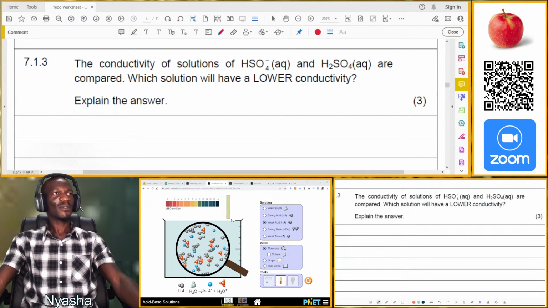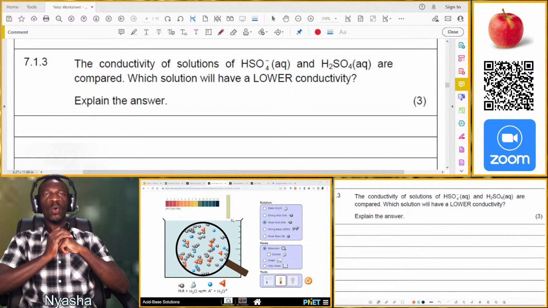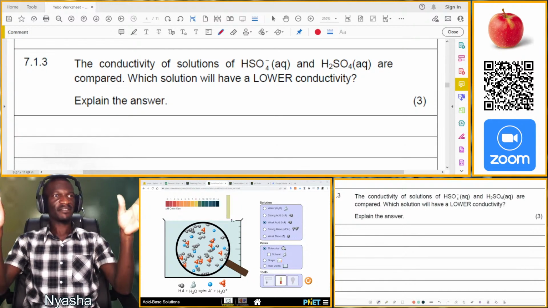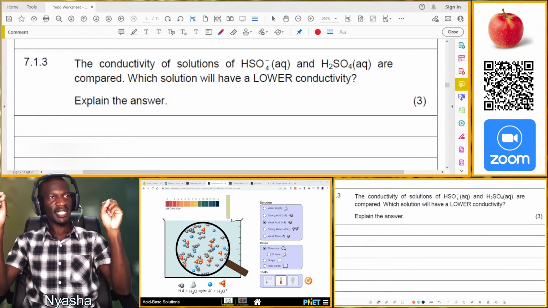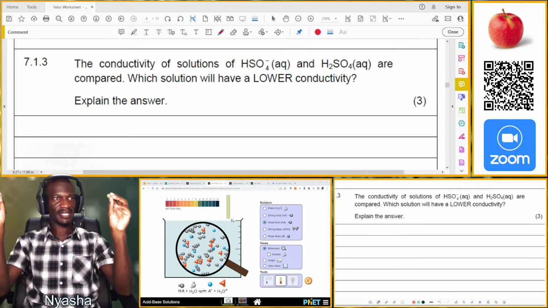Okay, so the question reads as follows. The conductivity of solutions of HSO4 minus and H2SO4 are compared.